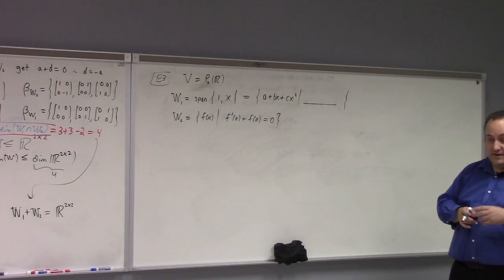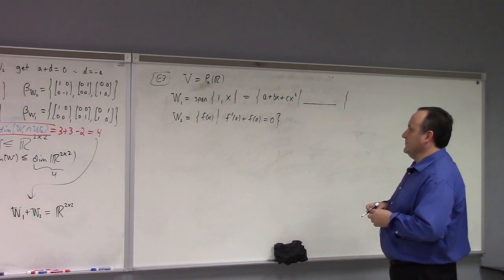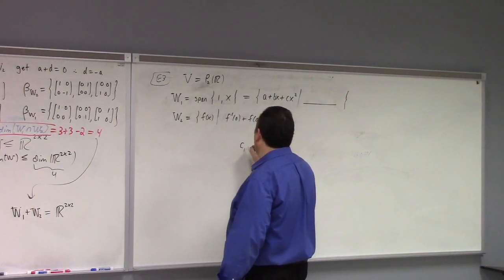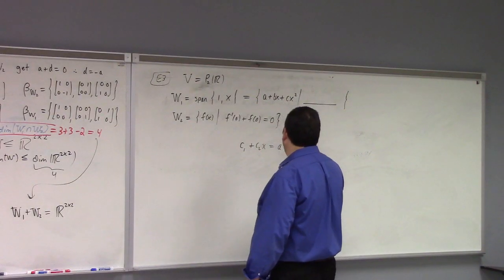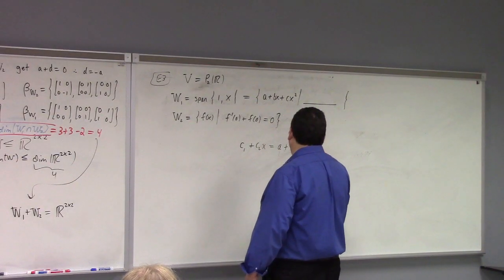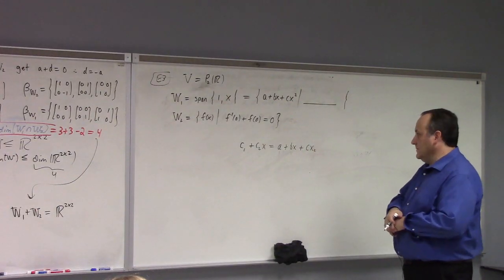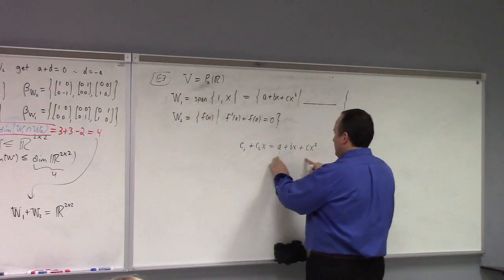Can you rewrite it as, yeah? X plus 1. Well, no, in W1, a typical thing has the form C1 plus C2x. As you look at this equation, what can you tell me about C?